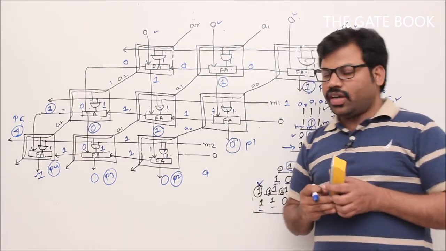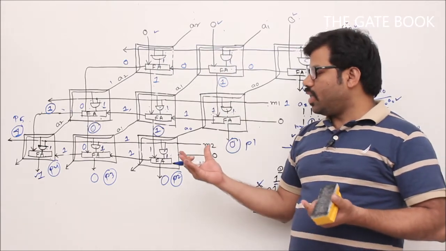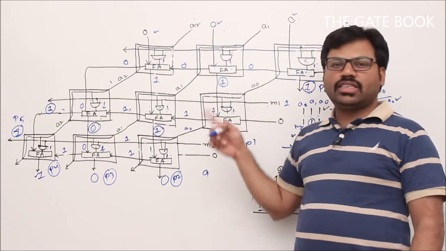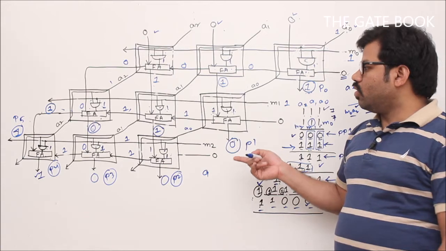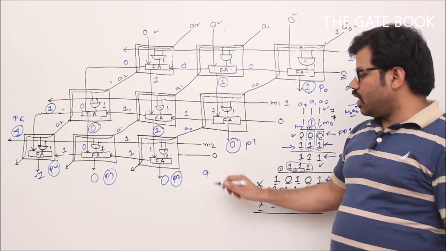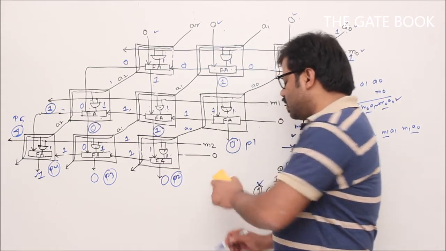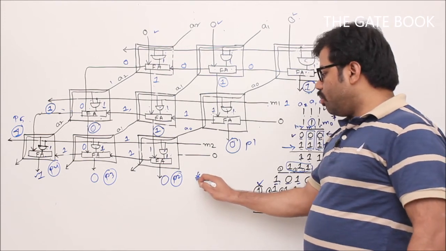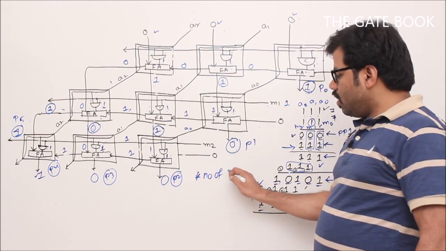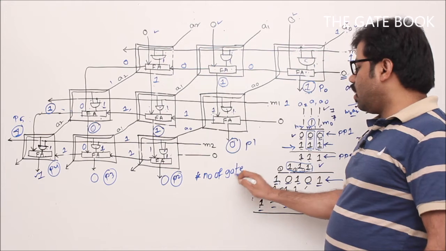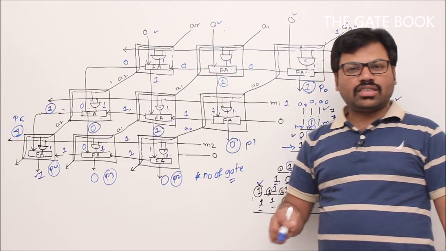Now in the exam, what they can ask is, one time they asked what is the time complexity of multiplication, okay? So what is the time complexity, we will see. Time complexity is asked with respect to the number of gate delays, okay? So how many gate delays are there approximately? They asked in asymptotic notation.